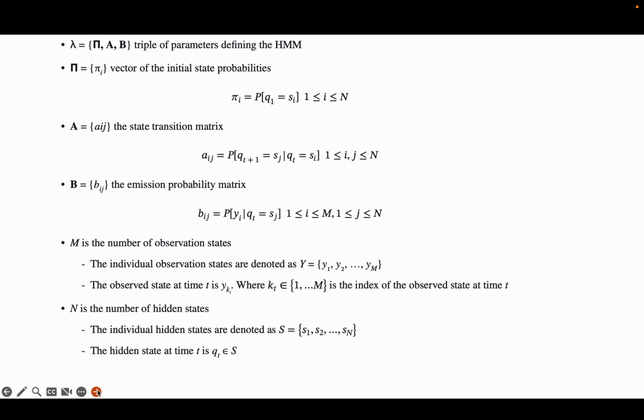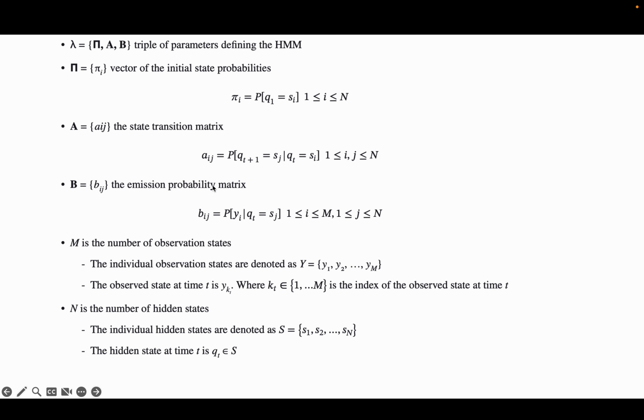Lambda is this triple of parameters that define the hidden Markov model. We talked about this; it is just a mathematical representation. The vector of initial state probabilities, lowercase pi sub i, is just the probability that your initial state is state i. A sub ij is the probability of the state transition, meaning you're going from state S sub i to state S sub j at measurement point t plus 1.